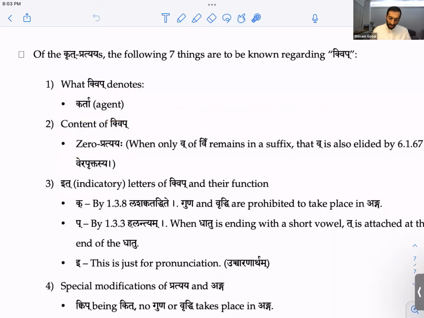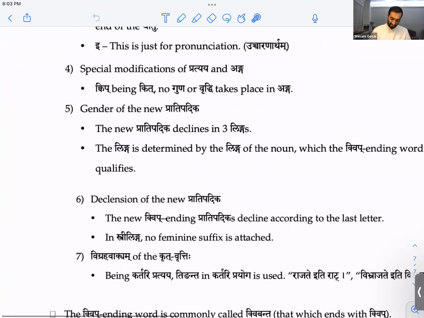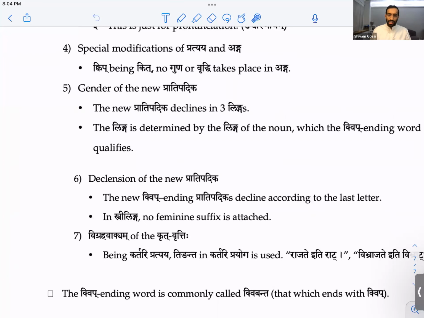So all of the letters ka, va, i, pa, all four of those go away, so you're left with nothing. There's no guna or vriddhi that takes place because of kvip. It declines in three lingas, right? So it's quite simple in that way.